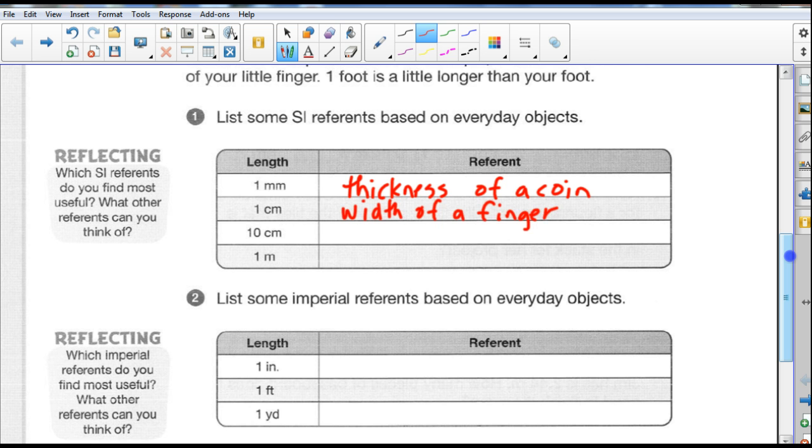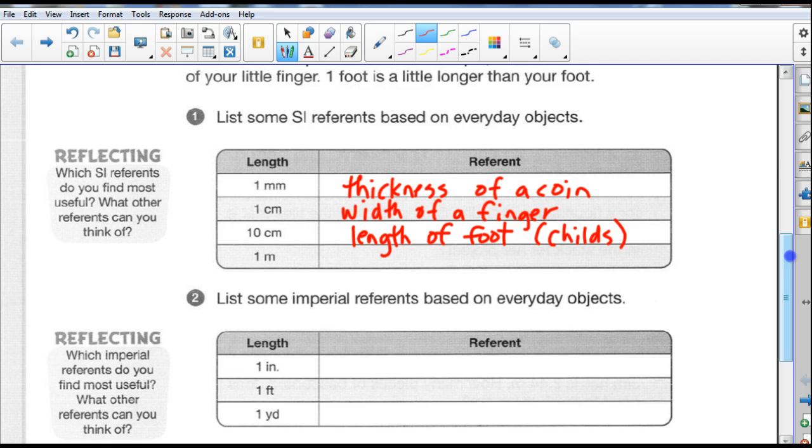Okay, and all a referent is just some way that you can remember the unit. 10 centimeters is 100 millimeters. 10 centimeters might be the length of your foot. Length of a foot, probably a child's foot. Okay, but you can use your imagination.